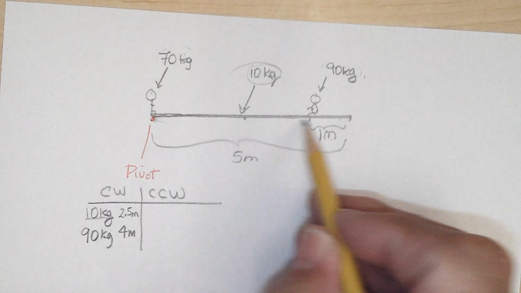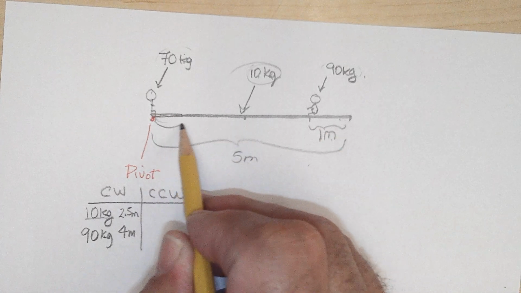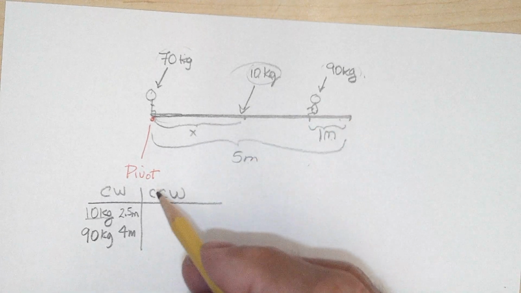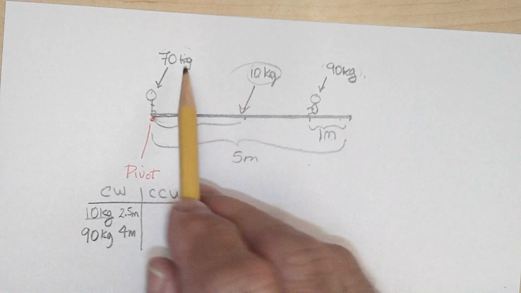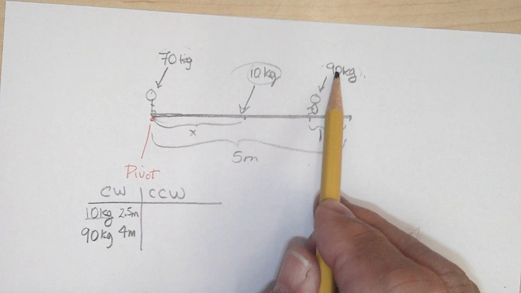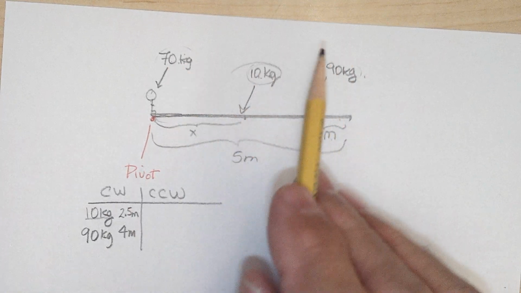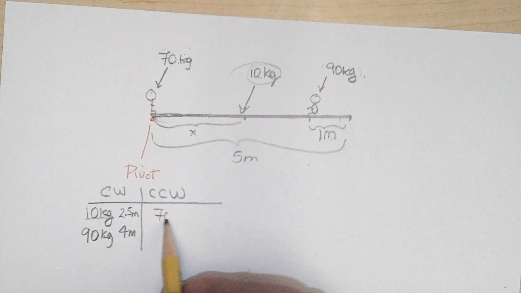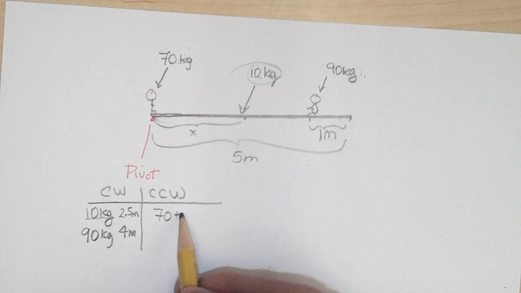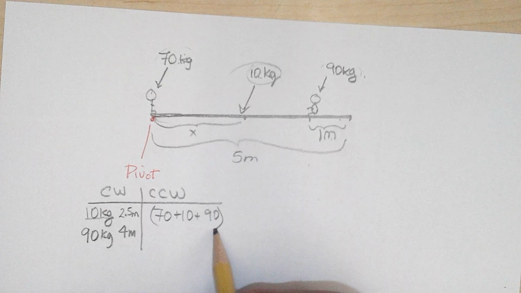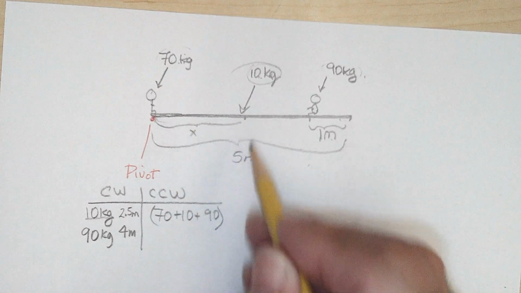So somewhere out here, some distance x, we have to push up enough to hold these three masses, or weights if I multiply them by 9.8. So that's 70, the 10, and the 90, and we push up someplace out here at x.